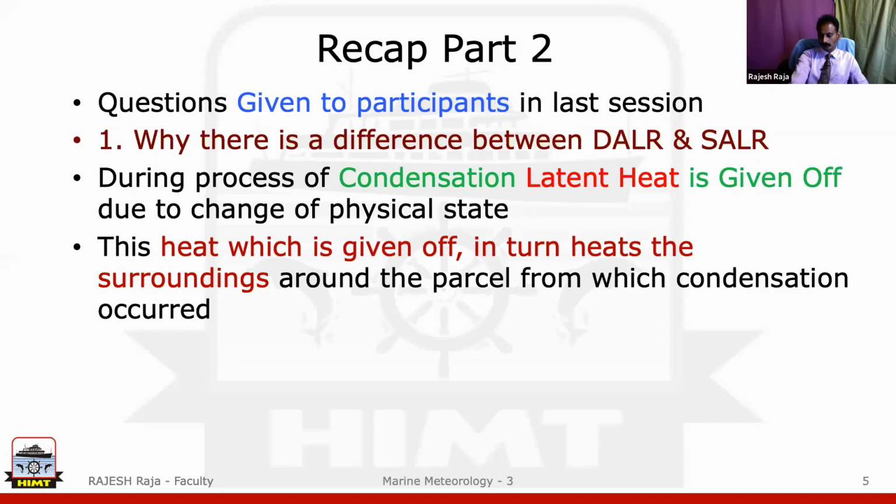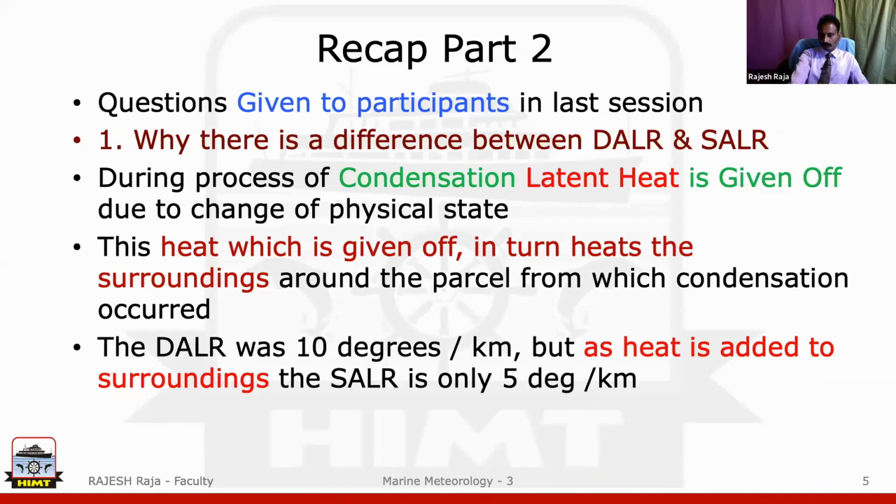So what is happening is the actual DALR, which was 10 degrees per kilometer, because of this heat given off as and when the air parcel is moving up above in the atmosphere, it cools, condenses, gives off this heat. So the drop in temperature, which was 10, is not anymore 10. It is lesser, which is 5 degrees per kilometer. This was the reason why there's a difference between DALR and SALR.